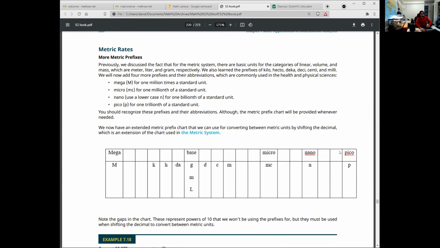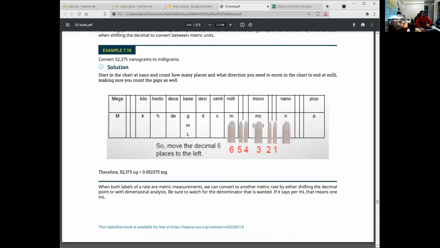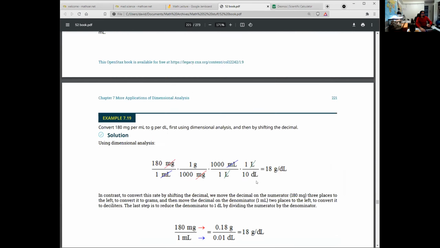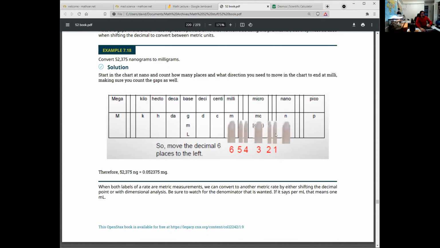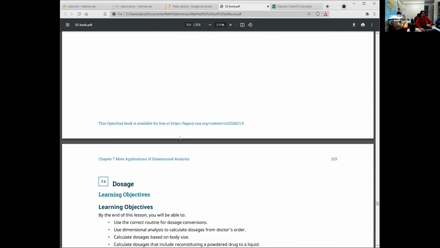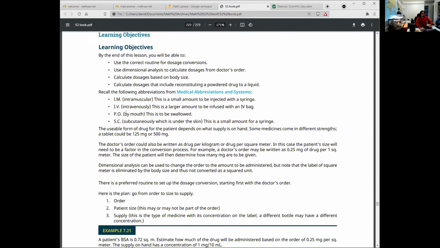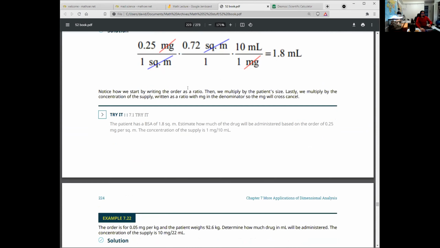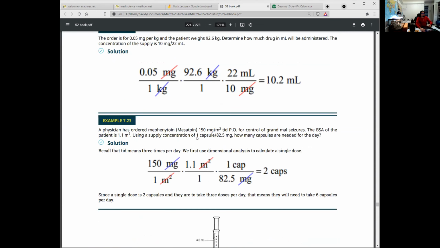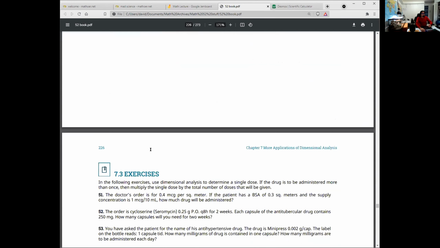They go all the way to nano and pico. I'm not sure why. I've never heard nano or pico used in nursing, but I suppose the chemists might care about it. These are badly photoshopped pictures of fingers with fingernails. They're trying to draw decimal scoots, but it doesn't work well. Be nice to them, they tried. Okay. And then dosage, there's a bunch of abbreviations and things, and then more things to do unit analysis with.